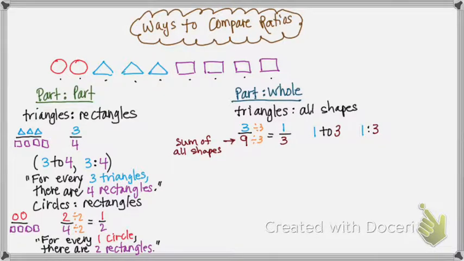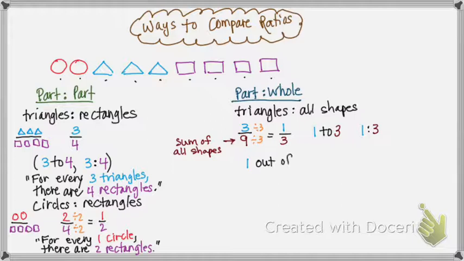Now, when I have to interpret this, I'm going to say things a little bit different. Before, I put how many of the item and its label. I use for every 1 circle, there are 2 rectangles. For every 3 triangles, there are 4 rectangles. But this one, I have to word it differently. When I'm doing part to whole, this is what I'm going to write. The first number is the number of triangles. So we've got 1, and then here's where it changes.